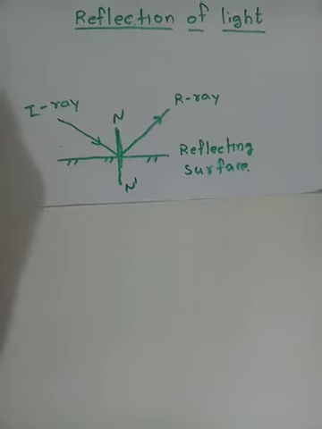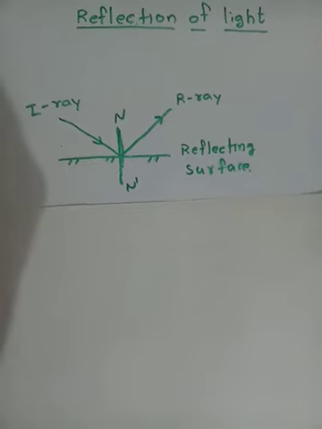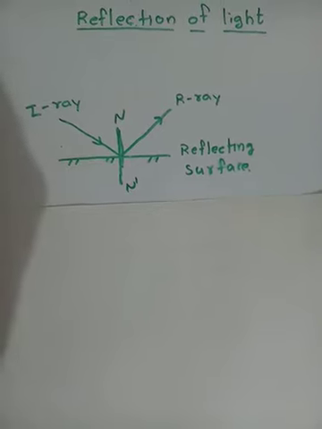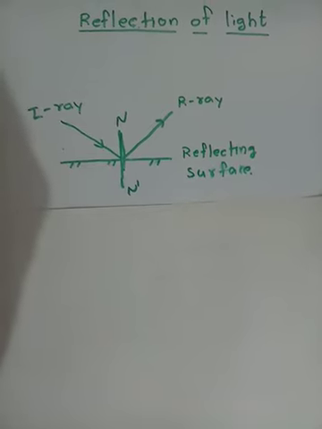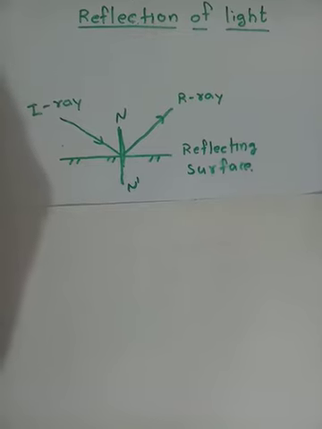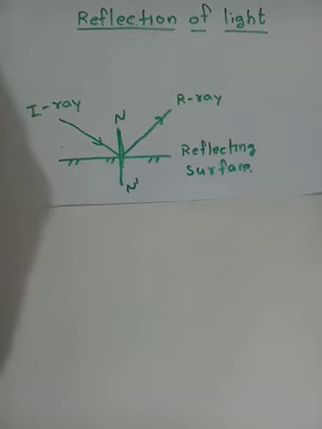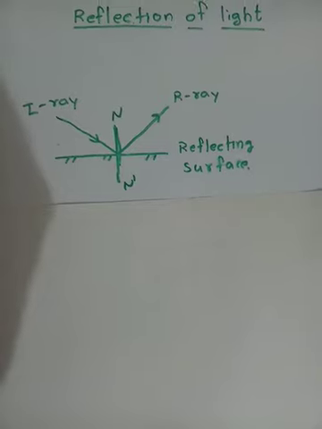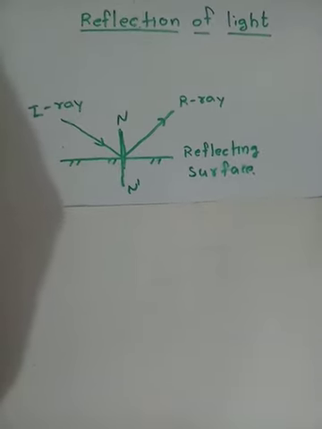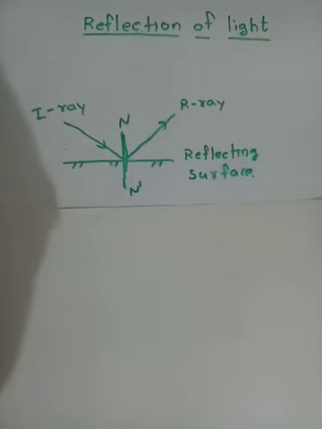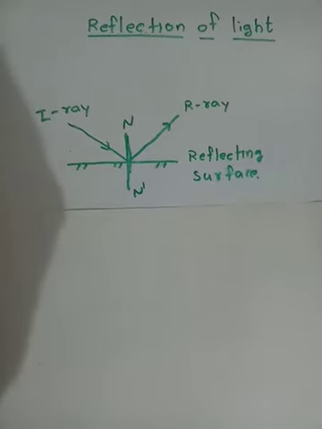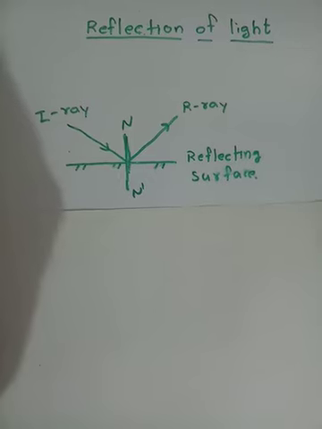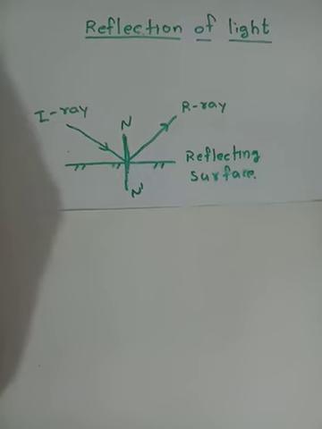One, it should be perpendicular to the reflecting surface. Two, it must be drawn at the point where the incident ray meets the reflecting surface, the point of intersection. We call this line the normal. So this is the basic of how reflection takes place.